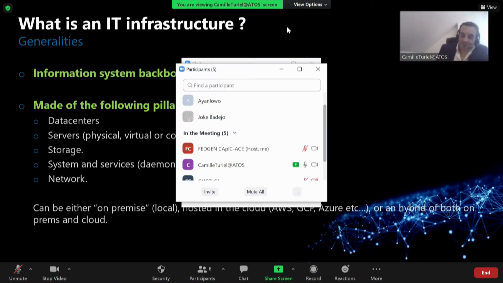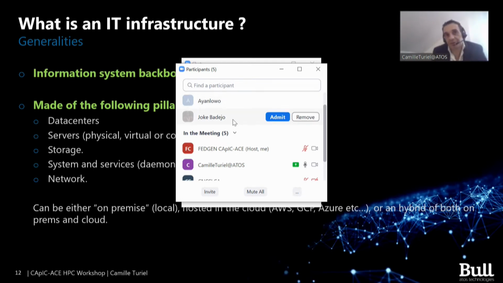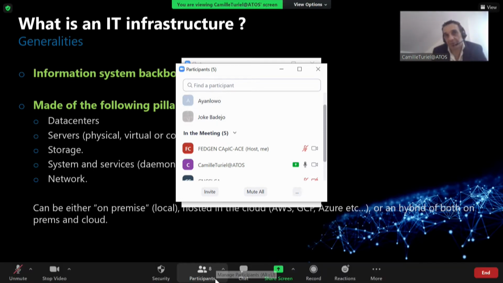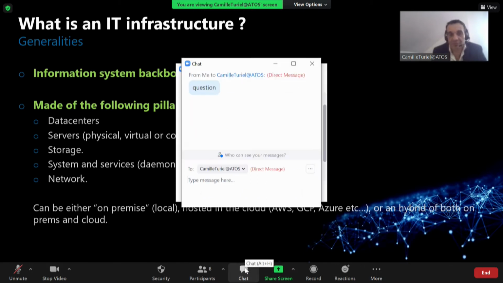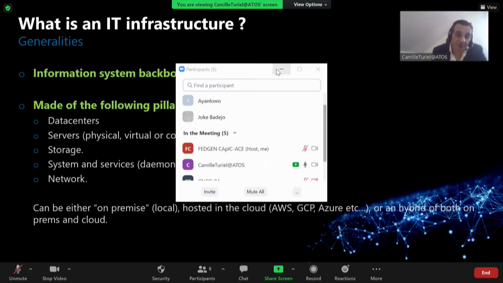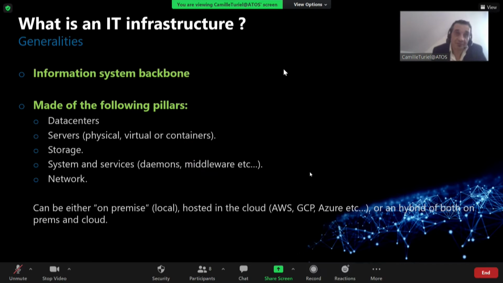But mainly we have servers and network equipment. I don't count storage and so on, and I don't include link equipment. This is something separate, but mainly what we want to host are servers with their associated storage and network equipment.